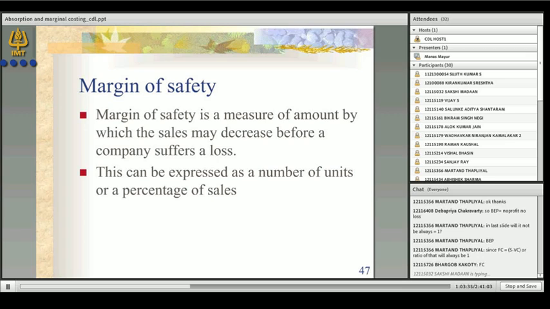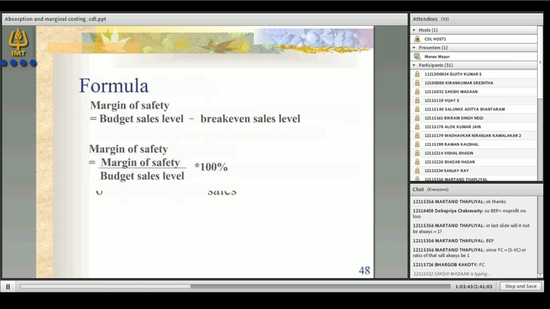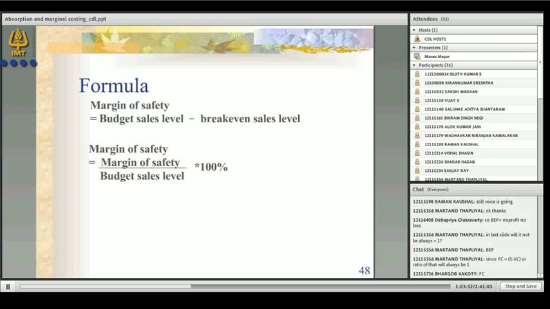Margin of safety is that zone which comes after you achieve break-even point. It is nothing but budget sales level minus break-even sales level, right? So any sales which is more than break-even sales is your margin of safety zone.